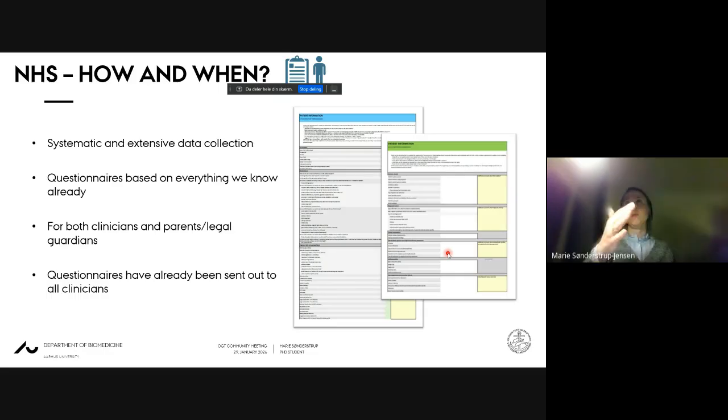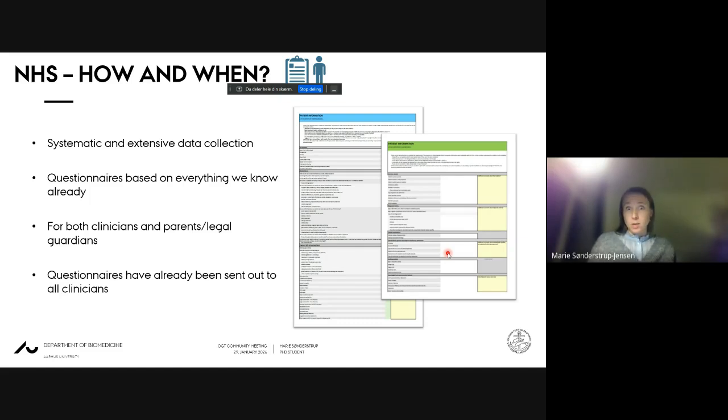So these different lists of symptoms that we have already collected, we've taken everything together and developed two questionnaires, one for the clinician to fill out with their more technical skills and clinical evaluations, and one for the parents or the caregivers to fill out to give, what can you say, the lived experience of what it is to live with OGT-CDG.